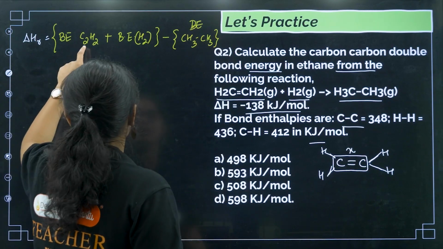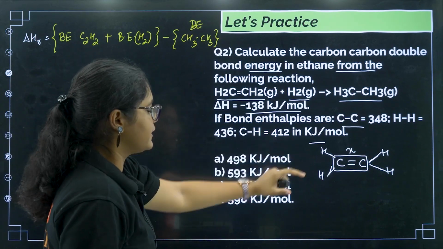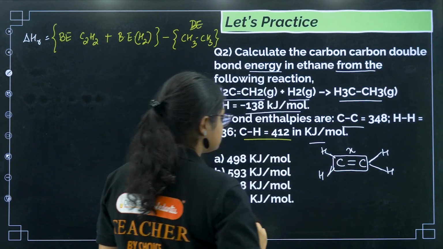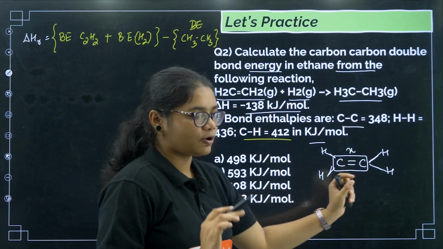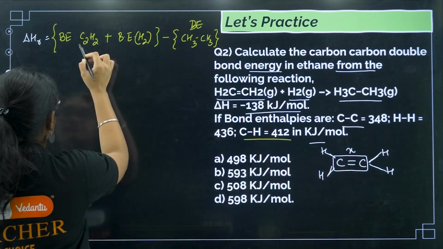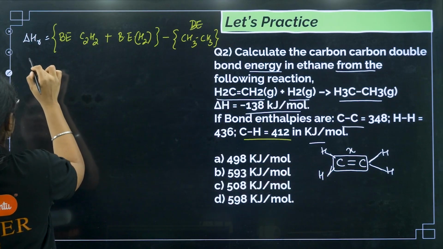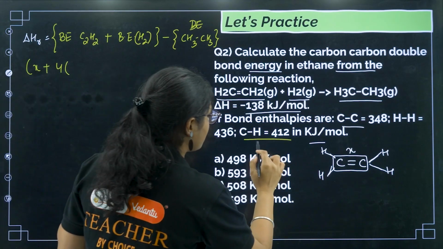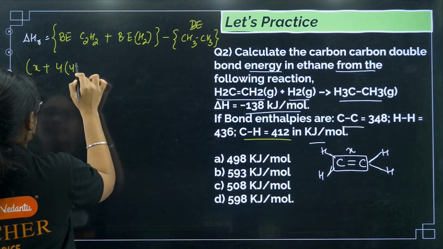Now the bond enthalpy of C2H2 is what? X plus 4 CH bonds, right? The CH bond is 412 and the CC bond is X. So I can say that the first value is X plus 4 into 412.